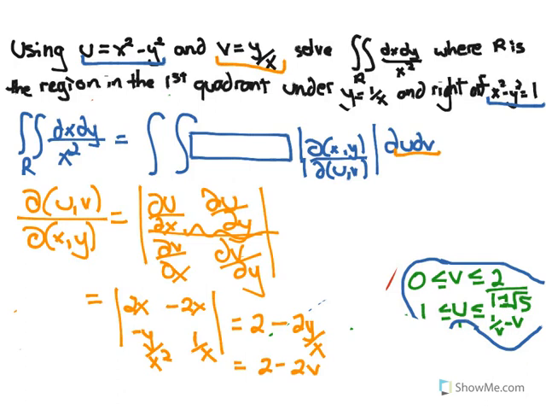Now we just need to actually put it into the integral, and note that we did uv over xy. Therefore, we're actually going to divide this by uv over xy, which is our 2 minus 2v that we just found. Okay?